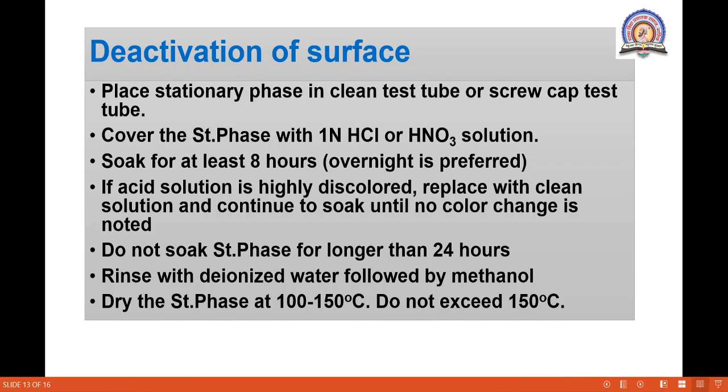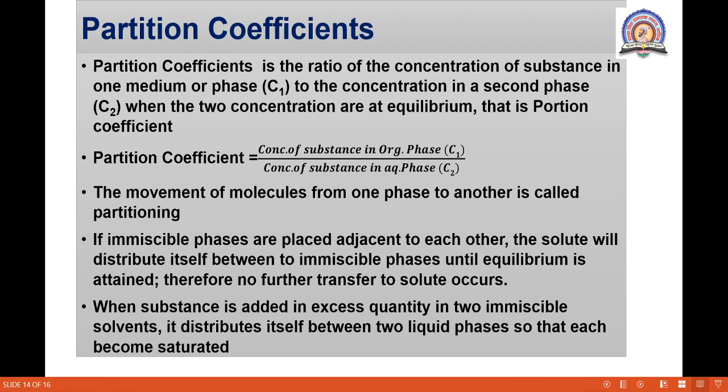Okay, rinse or wash with deionized water followed by methanol, and after that dry the stationary phase at 100 to 150 degrees Celsius. Do not exceed 150 degrees Celsius. Decomposition may take place, so we use a temperature of 100 to 150 degrees Celsius.